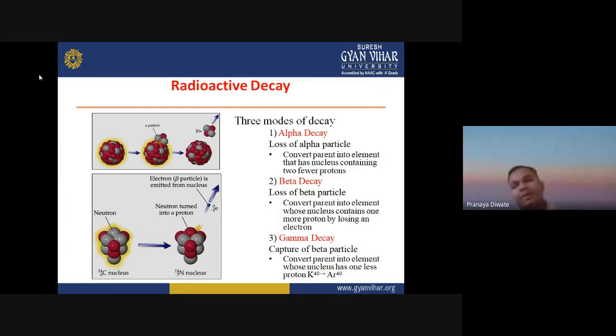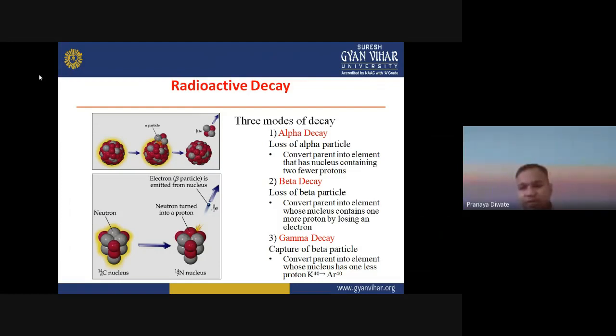The first decay is alpha decay, which is the loss of an alpha particle, converting the parent into an element which has a nucleus containing two fewer protons. Then beta decay is the loss of a beta particle, converting the parent into an element whose nucleus contains one more proton by losing an electron.